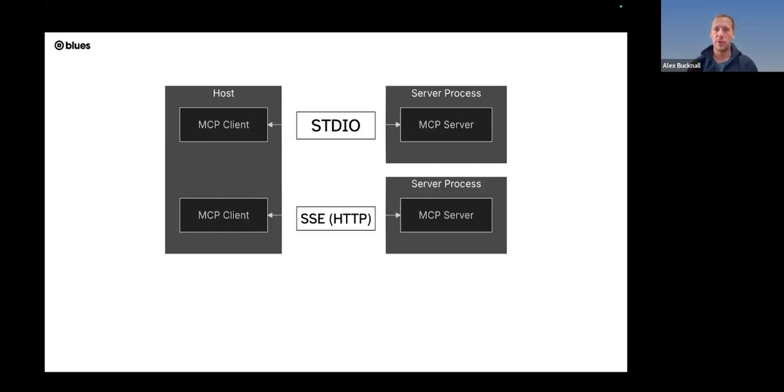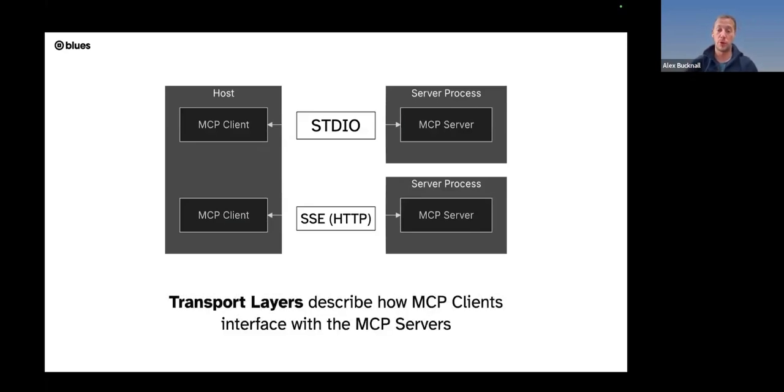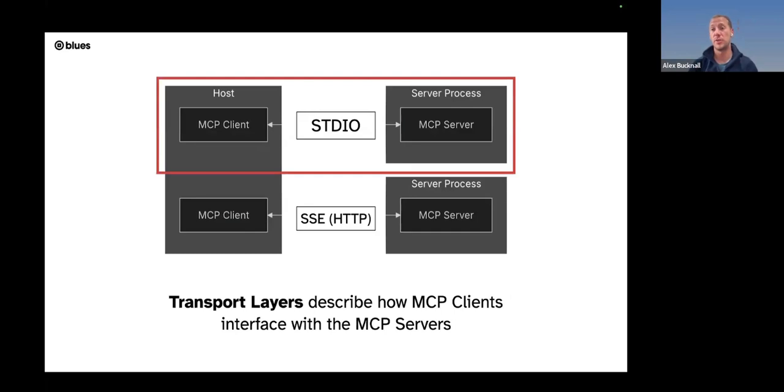So, as I mentioned earlier, there's two main types of MCP transports, and this is how you talk to an MCP server. Today, we'll be focusing predominantly on the STDIO. So this is a local link between something connected directly to your machine and the LLM that's talking to it. In this case, it's a standard input-output interface.